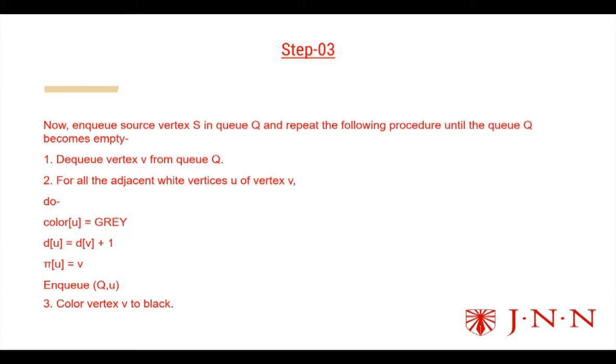So dequeue the vertex v from Q. For all the adjacent white vertices u of the vertex v, do: the color of the vertex u is set to gray, the distance of u is the distance of v plus 1, pi of u is assigned the value v, then enqueue Q comma u. Then color vertex v black.